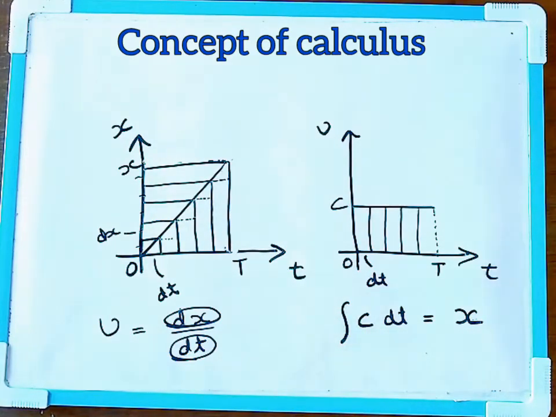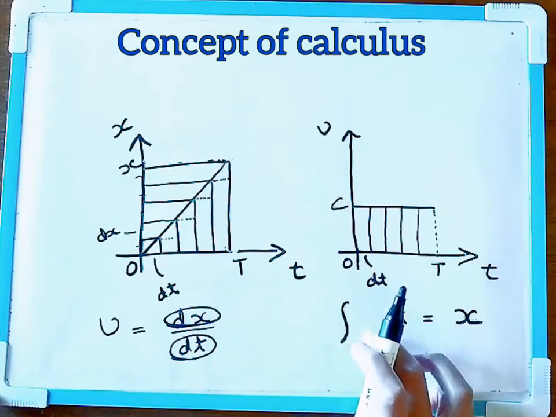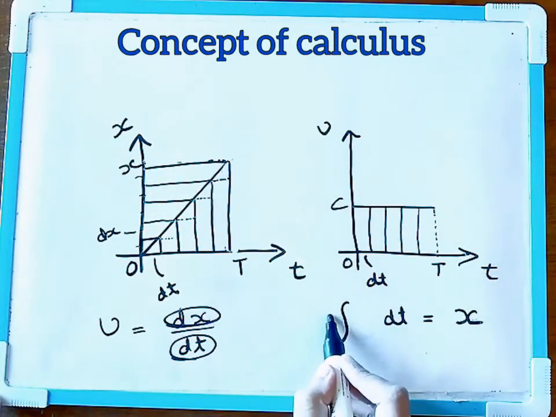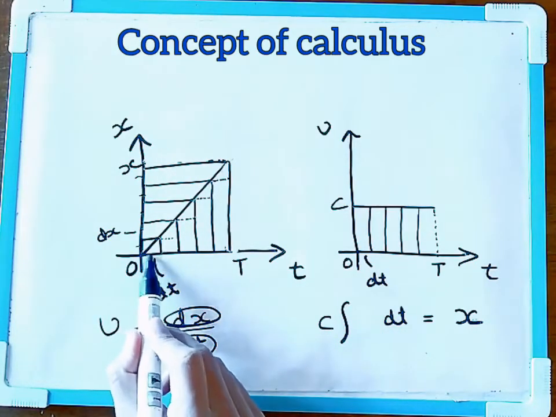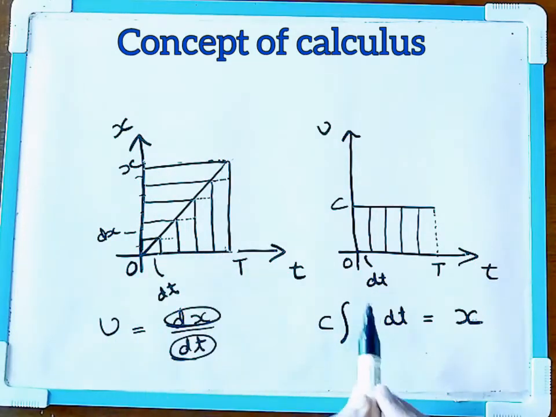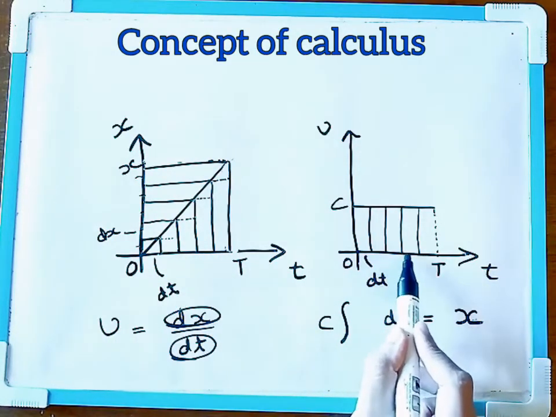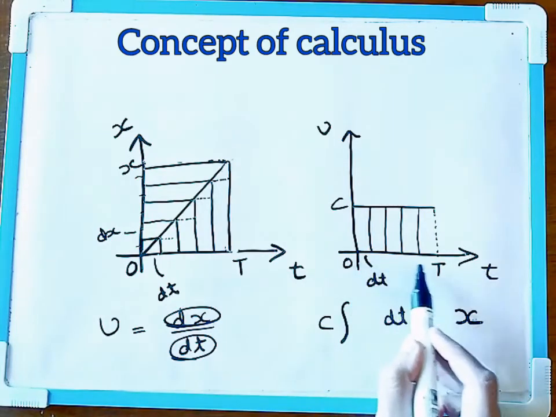Now, we never integrate this c, it is a constant. If it's a constant, then you have to keep it outside of the integration. So the integration of dt again means you have to sum all these dt, dt, dt, dt, dt. You sum all these dt's, you will get what? The time interval.